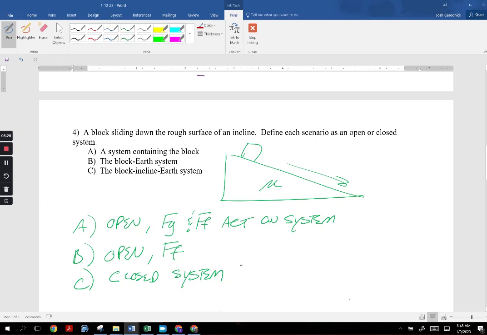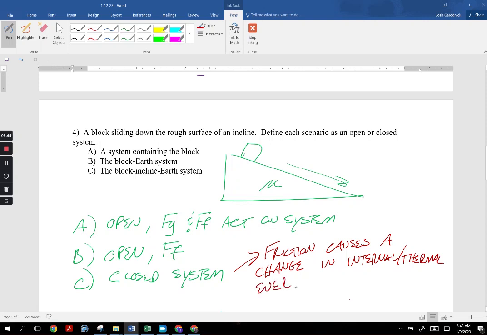So you may want to pay attention to the phrase friction causes a change in internal, or you can use the word thermal, energy of the system.